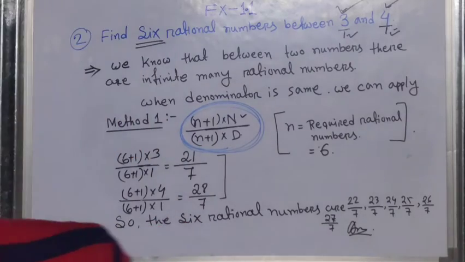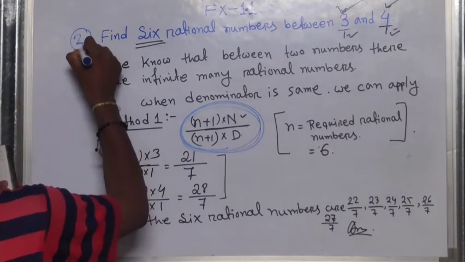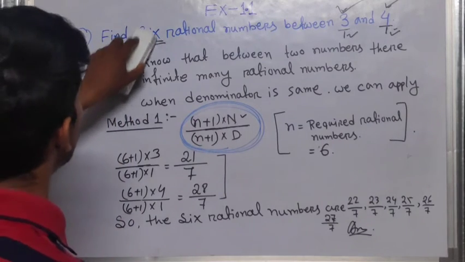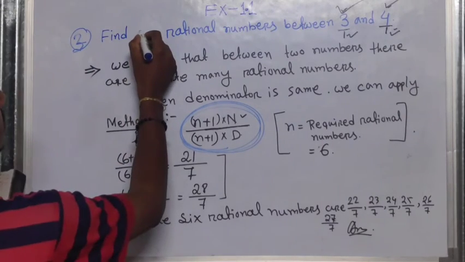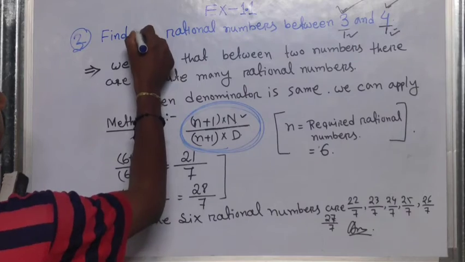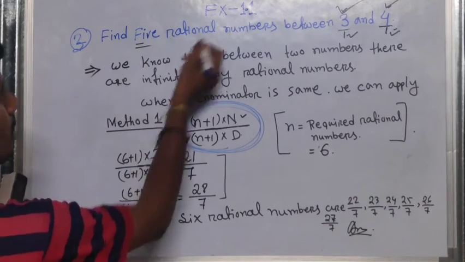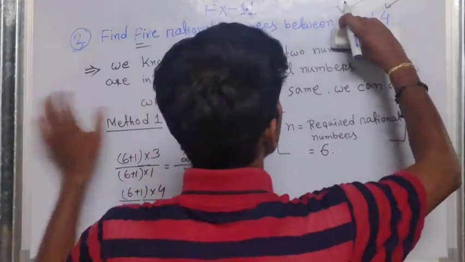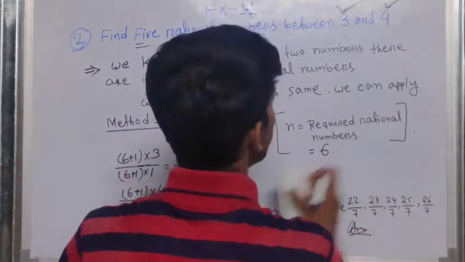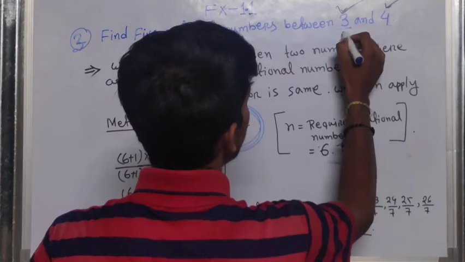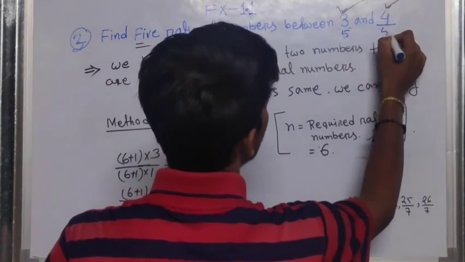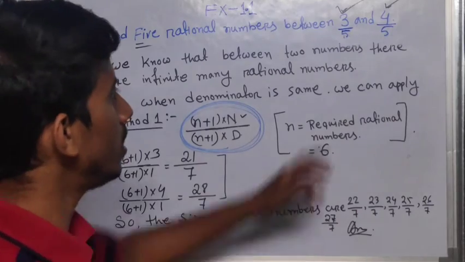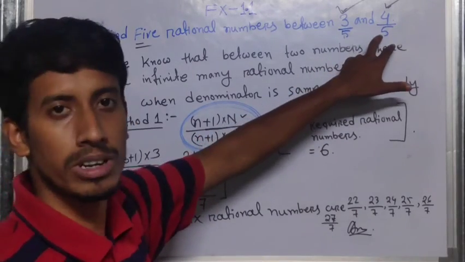And question number 3 is also the same. I hope you can find it. Here it is changed. Now here it is written, find 5 rational numbers between, and the denominator has also changed. The denominator is now 5 and 5. So after putting the denominator, you can see both the denominators are equal.